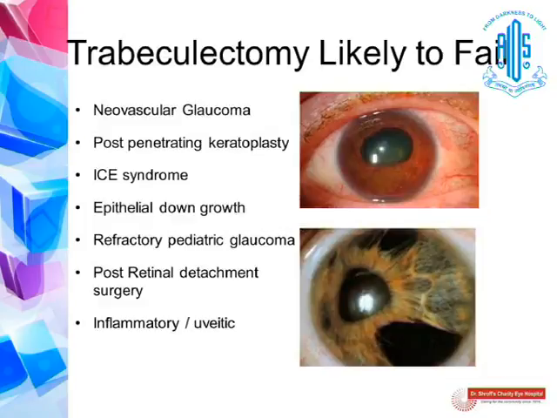So the conditions where trabeculectomy is likely to fail, some of them would include neovascular glaucoma, glaucoma post-penetrating keratoplasty, glaucoma associated with eye syndrome, epithelial downgrowth, glaucoma in the pediatric age group which is refractory, glaucoma secondary to retinal detachment surgery, or associated with inflammation or uveitis.